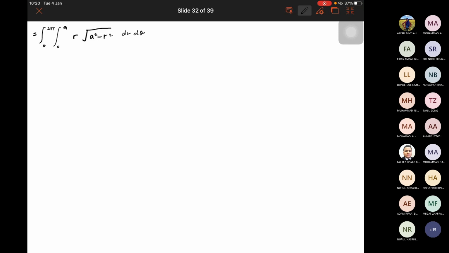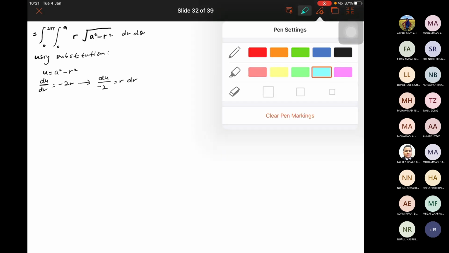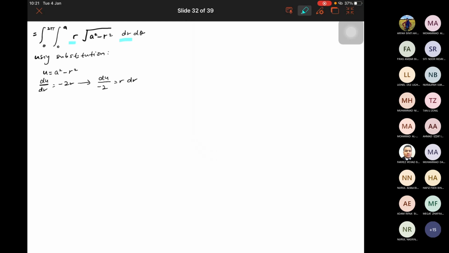Okay. So using substitution, taking u equal to a squared minus r squared, du over dr is negative 2r. So du over negative 2 gives r dr. So you get this term r dr.